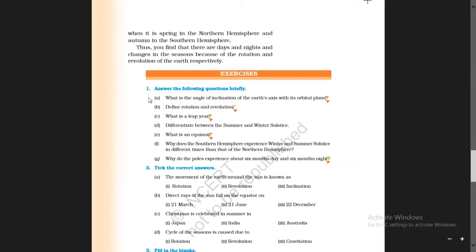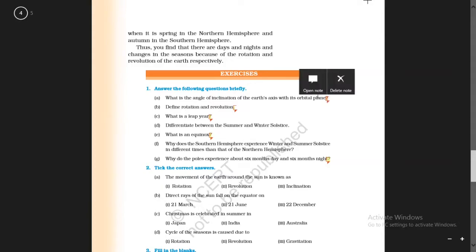Now let us see the first question. What is the angle of inclination of the Earth's axis with its orbital plane?